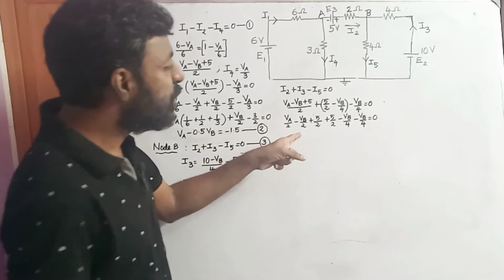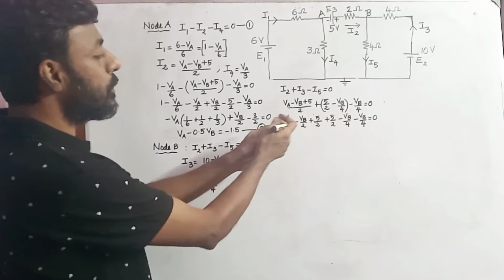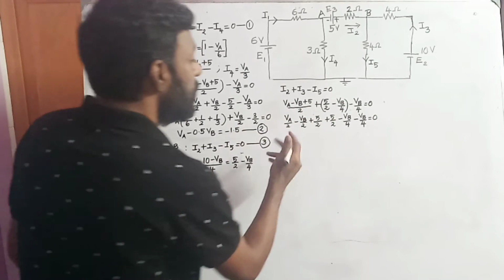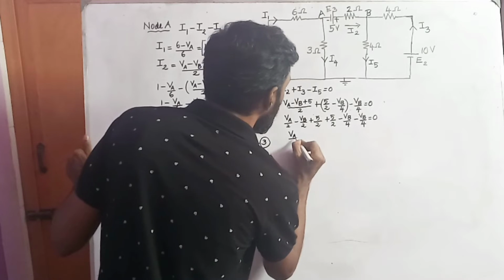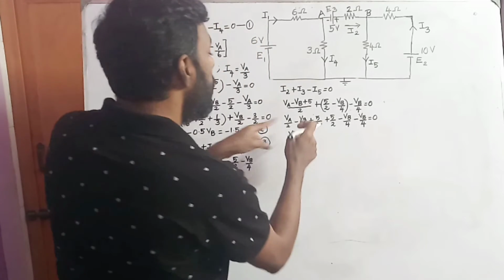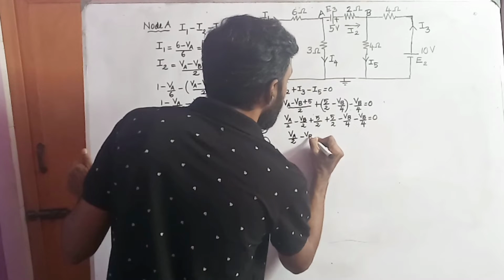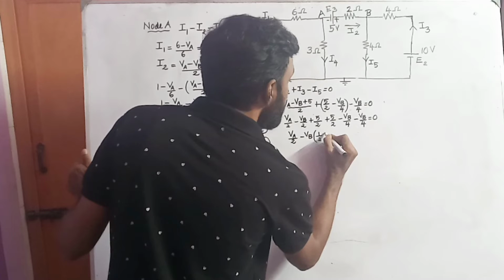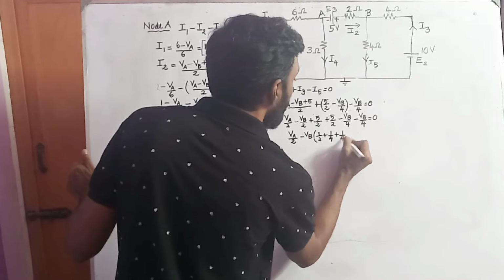Now I'm going to take the A terms on one side and the B terms on one side, clubbing all the identical terms. I have only one VA, so VA divided by 2. Next I have 3 VBs, so minus VB will be taken outside, and inside the bracket I will put half plus 1 by 4 plus 1 divided by 4.